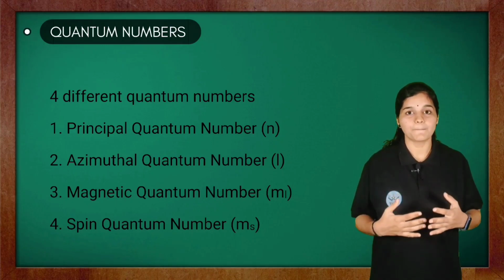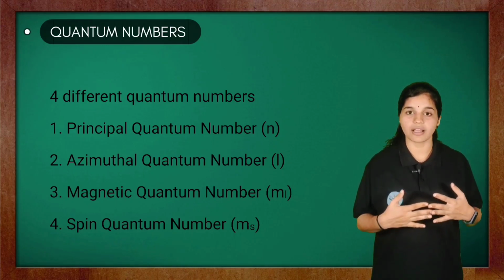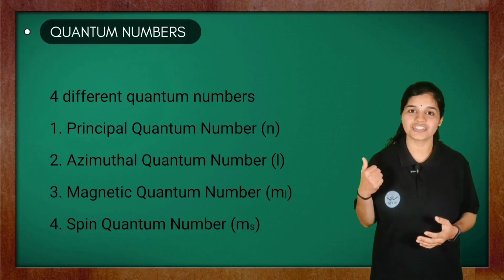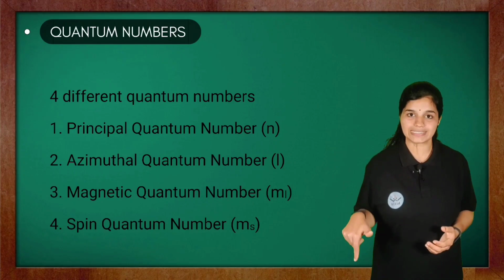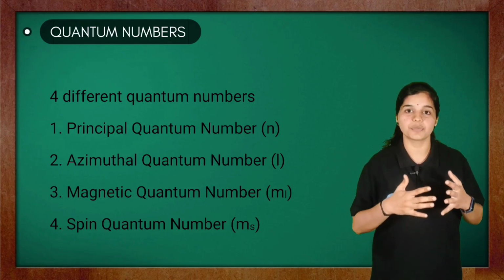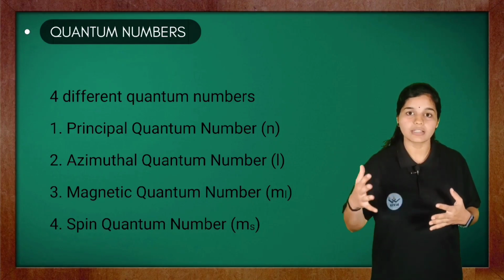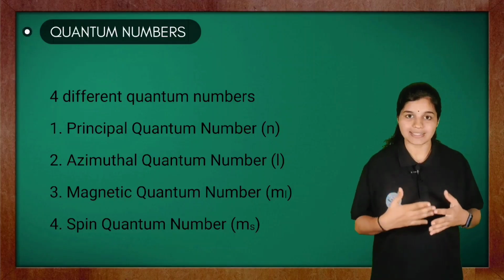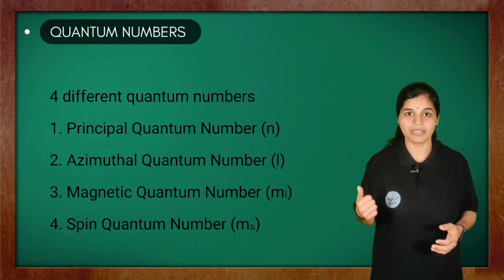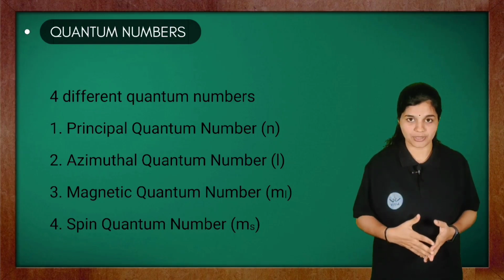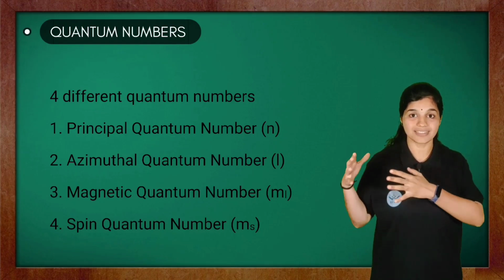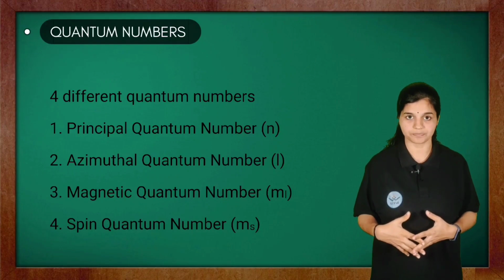In order to tell my location, I need to tell you in which state I am living, which district I belong to. Under the district, I should be specifying which particular taluk or colony I am living in. Similarly, the principal quantum number represents shells where the electrons are present, similar to the states in our address.